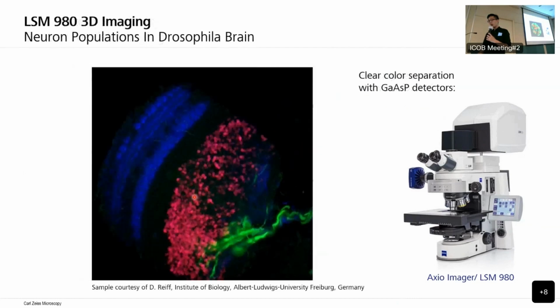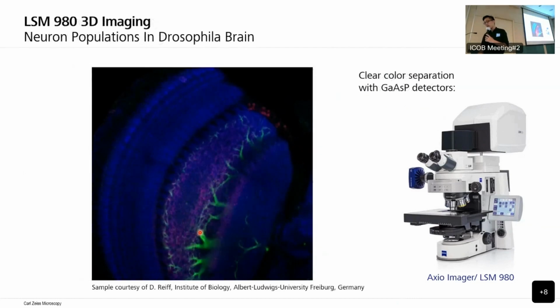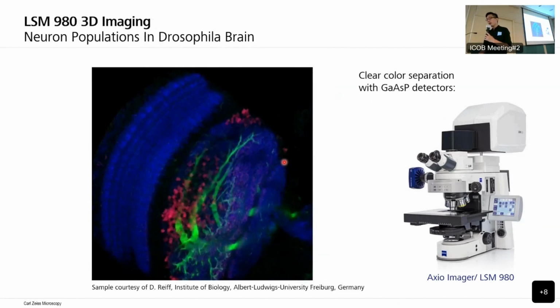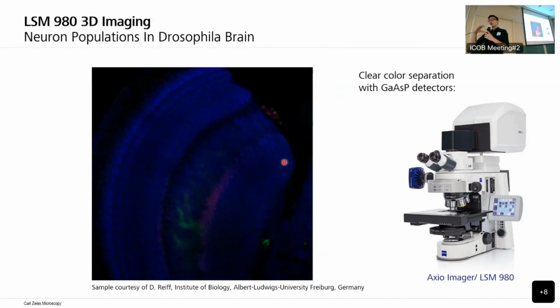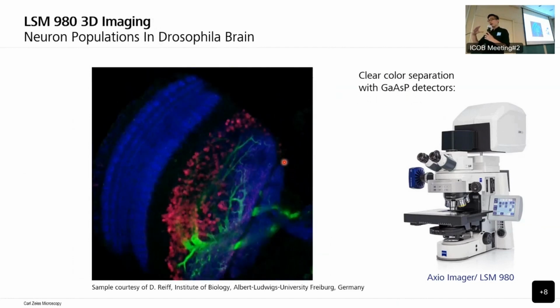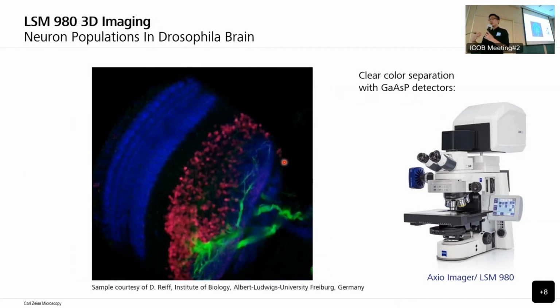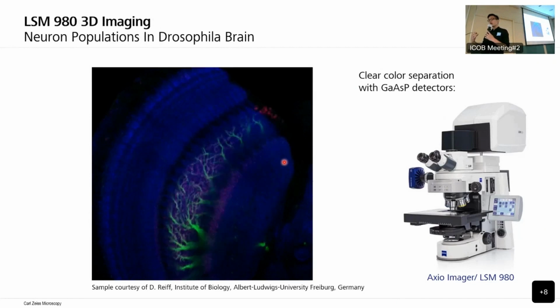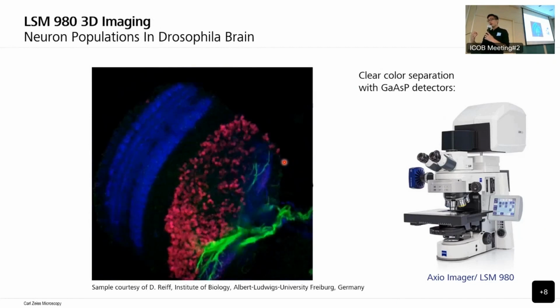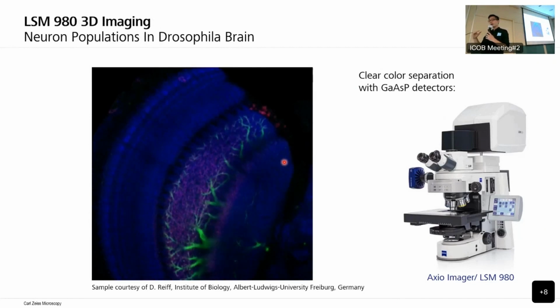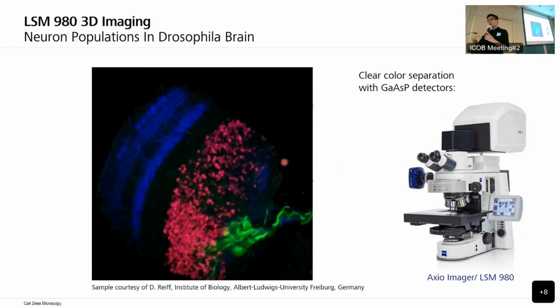And also, this one is the Drosophila brain. And you know, the Drosophila brain is covered with an outer layer. It mainly consists of cuticles, and cuticles actually hinder the light from passing through the samples.